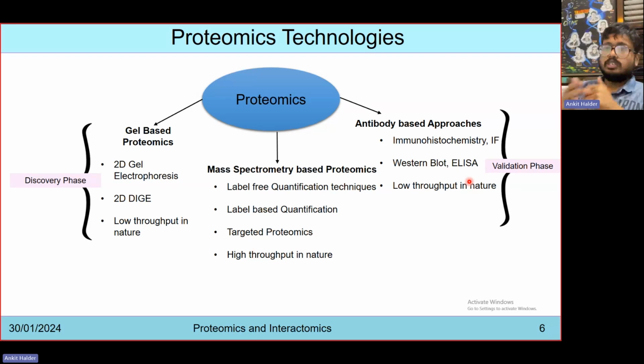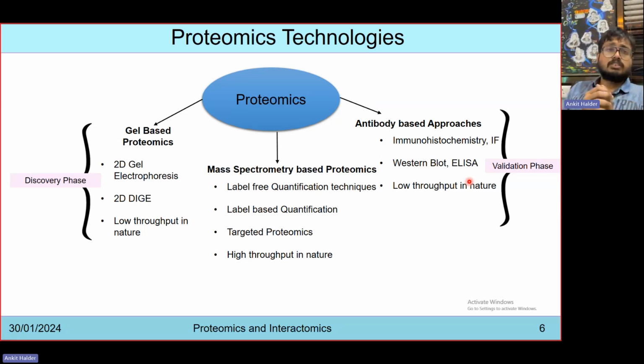You are just checking the profile without having any idea which particular protein, or which spot in the gel, might be changed or disrupted. You have no such idea. You are just looking at the protein profile. That gives us the discovery phase.